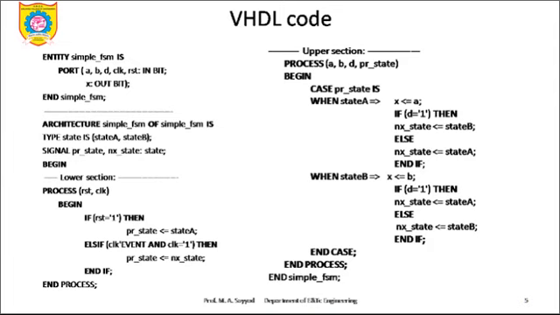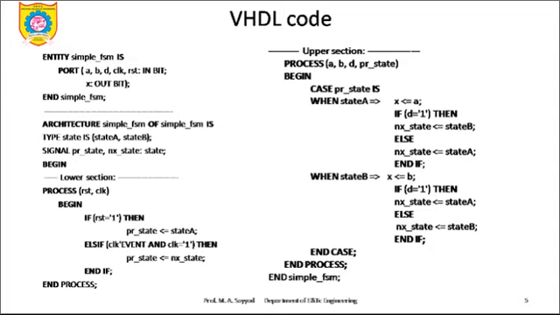Architecture simple FSM. Now here the type is declared. The type is state, and there are only two states, hence the declaration is state A and state B. Only two.